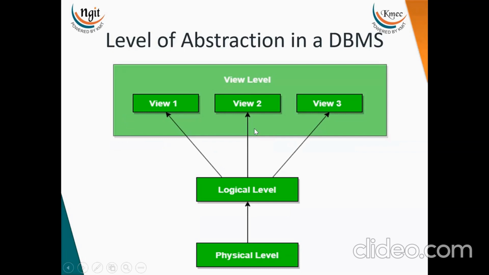At the top, we have view level, which is also known as external level, or you can also define it as external schema. And logical level is also known as conceptual level or conceptual schema. Physical level is also known as internal level or internal schema.